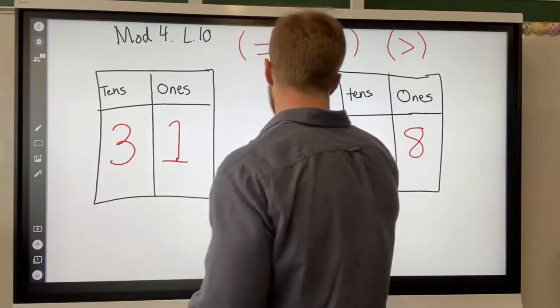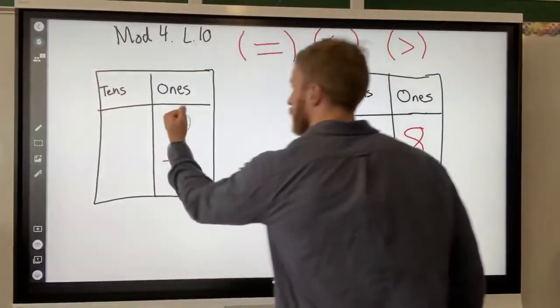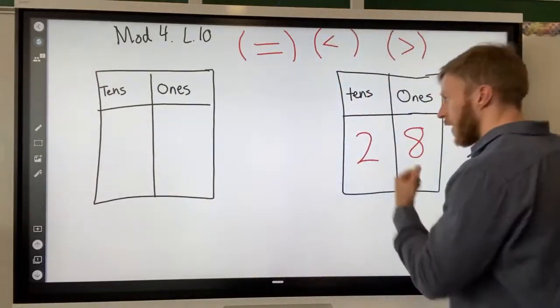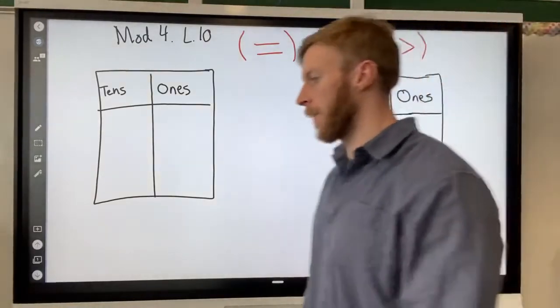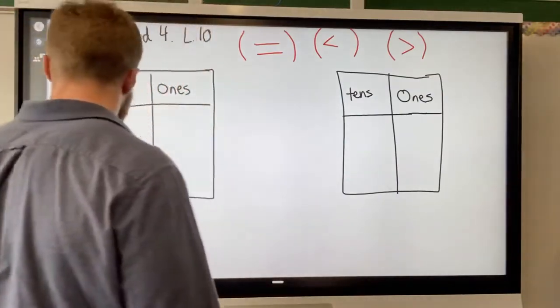All right, now we're going to do a couple more, but I'm going to draw the picture. You're going to have to tell me from the picture what the number is, and then which is greater than or less than.